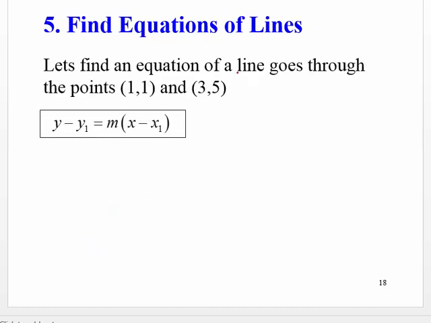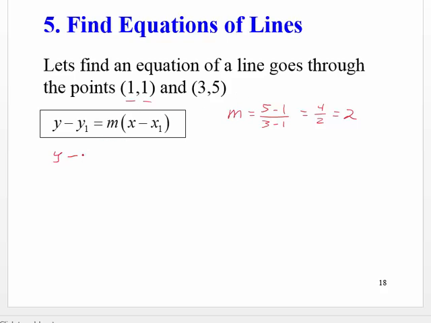Let's find an equation of a line that goes through these 2 points. We need to get the slope. So m is just equal to 5 minus 1 over 3 minus 1, which is 4 over 2, just 2. So y minus, we can use either point. So let's just use this one.